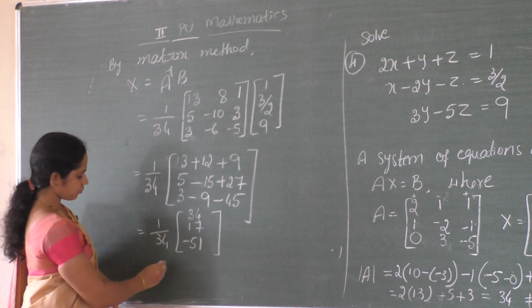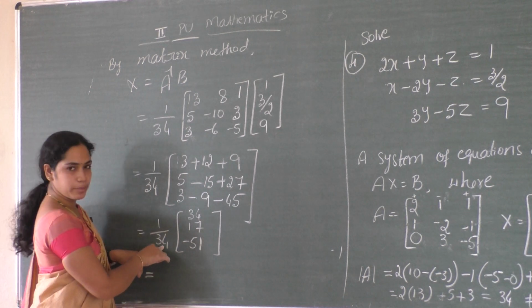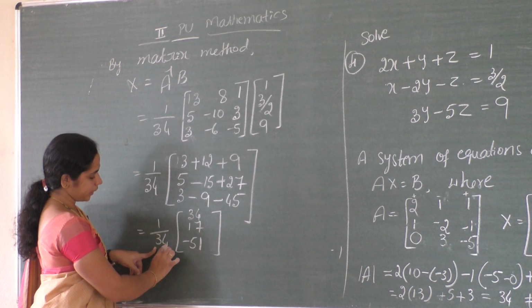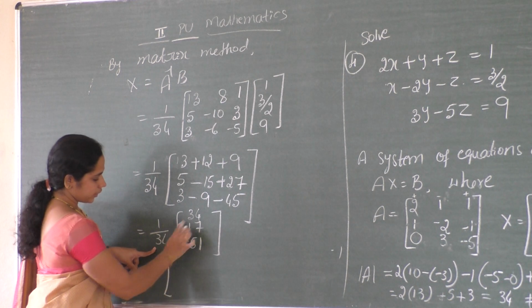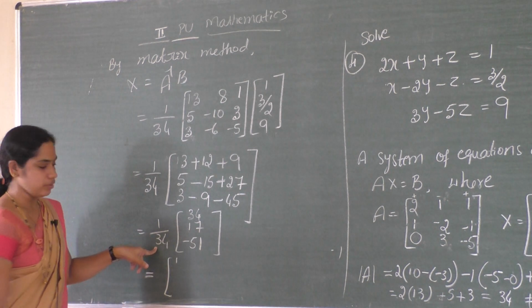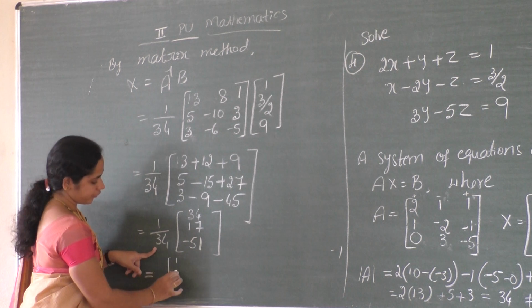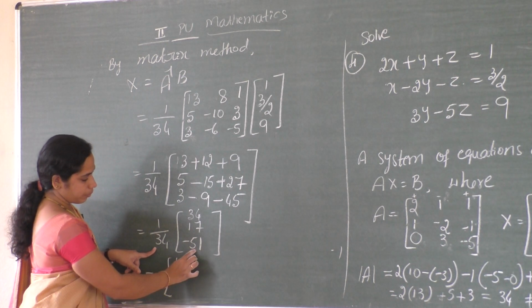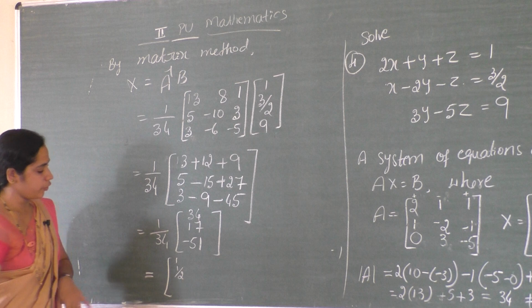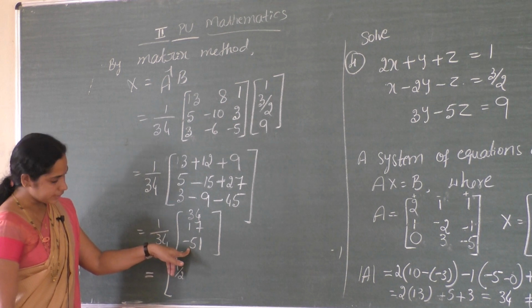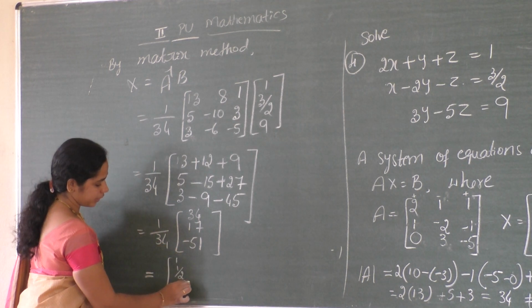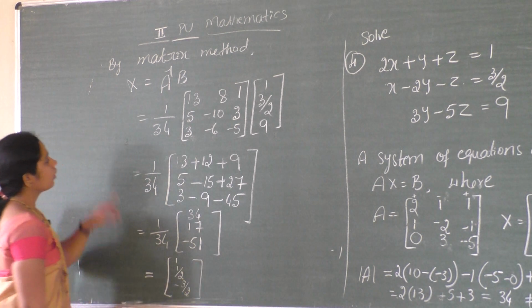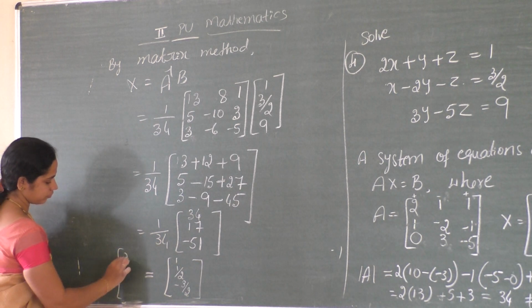Now we have to divide the value by 34. 34 by 34 is 1, 17 by 34 is 1 by 2, minus 51 by 34, divide by 17, so it is minus 3 by 2. What is the value here?